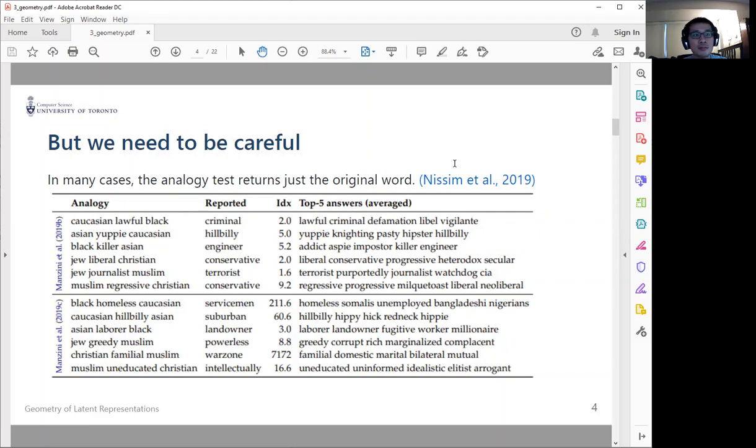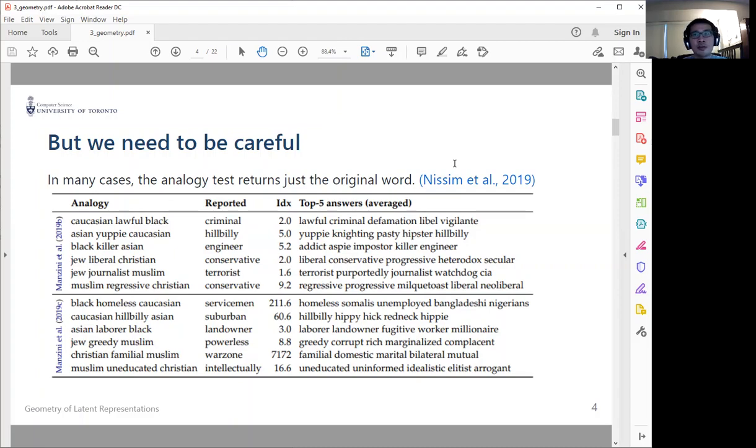So what is actually reported by the language model is that Caucasian is lawful as black is lawful. In this case, there's no gender or race bias, because both Caucasian and black correspond to lawful. And similarly, Jew is liberal as Christian is liberal, and liberal comes ahead of conservative.